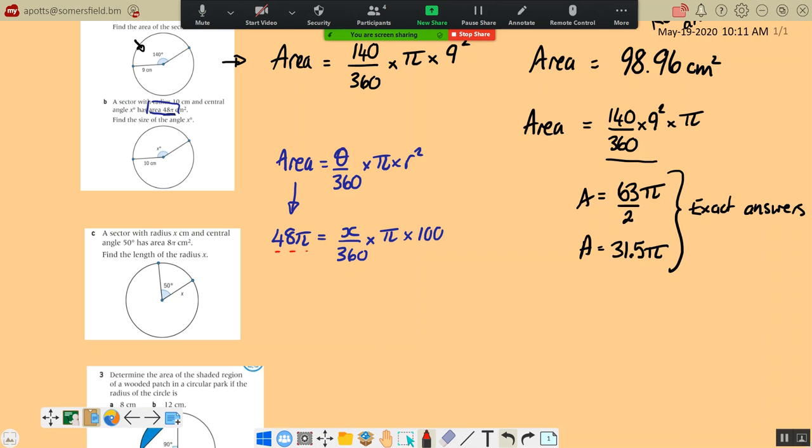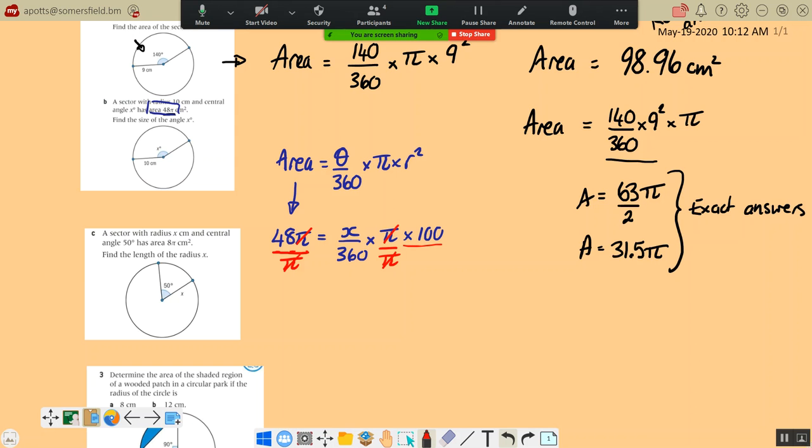I wouldn't multiply by 48 because I've already got 48 over here. We've got to multiply by 360 and by 100, so we would divide to get rid of those. But actually the first thing I would say, guys, is what if we were to divide by pi? That would cancel it out here and here.